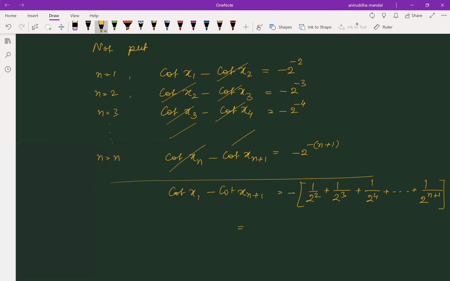We have terms from 1 by 2 to the power 2 up to n+1, so the total number of terms is n.